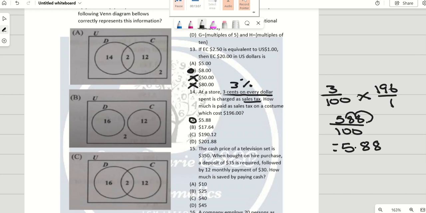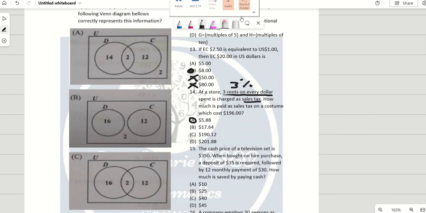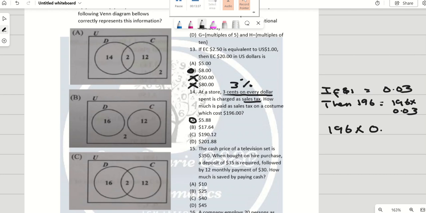If you do not want to do it like this, the next way is to use if, then, and therefore. Let's just do it like that, right? If, then, and therefore, you're saying if $1, you're getting 3 cents, 0.03, then for 196 would be 196 multiplied by 0.03.